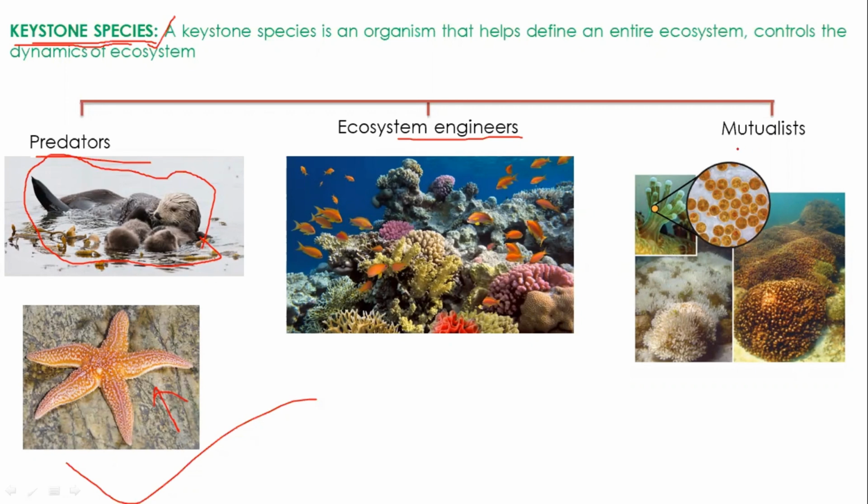Then there is a third form of keystone species, and that's mutualism. If you understand from the honey and the flower concept, the dispersal for the flowers happens because of the honeybee.